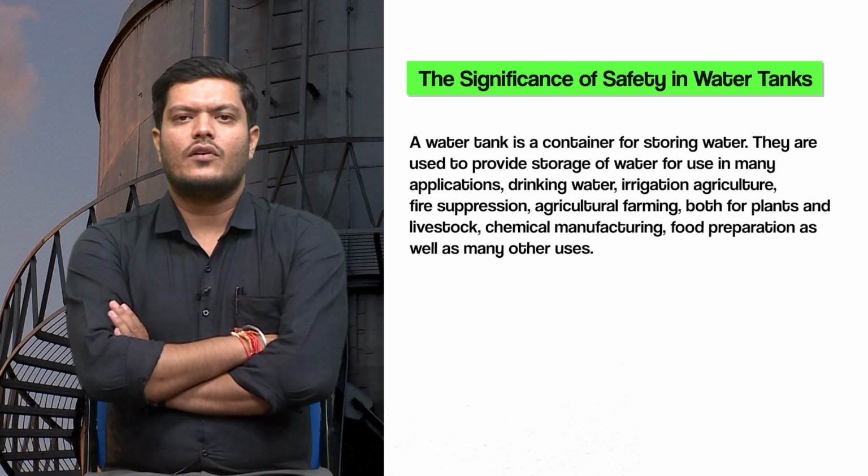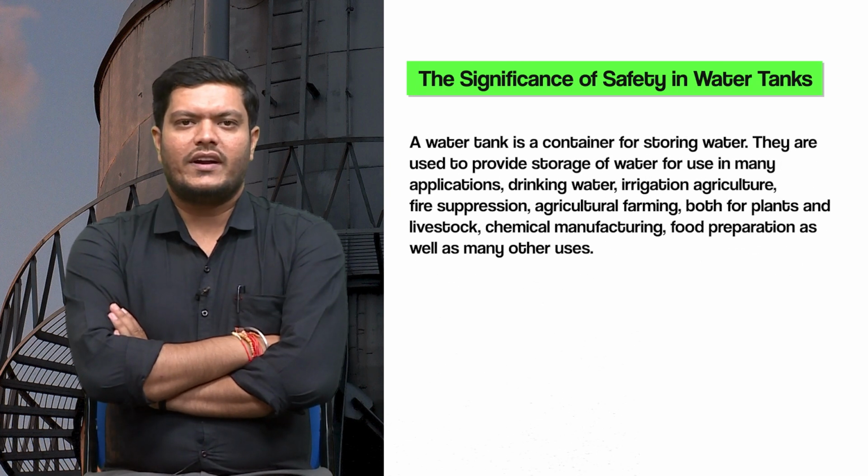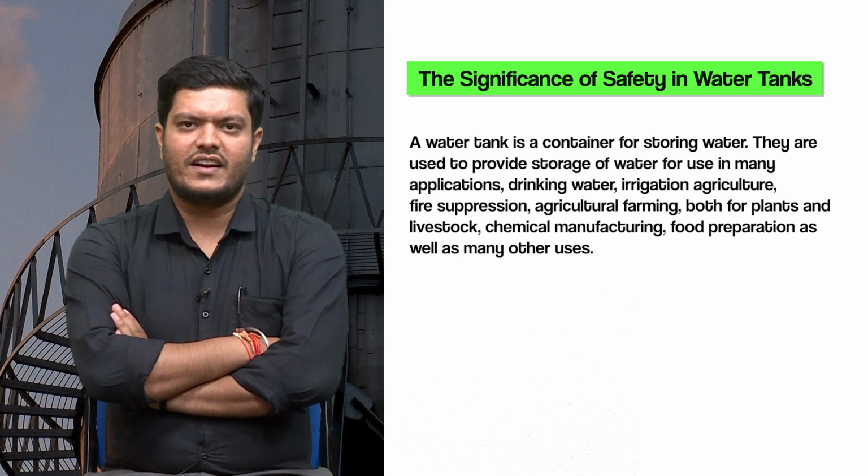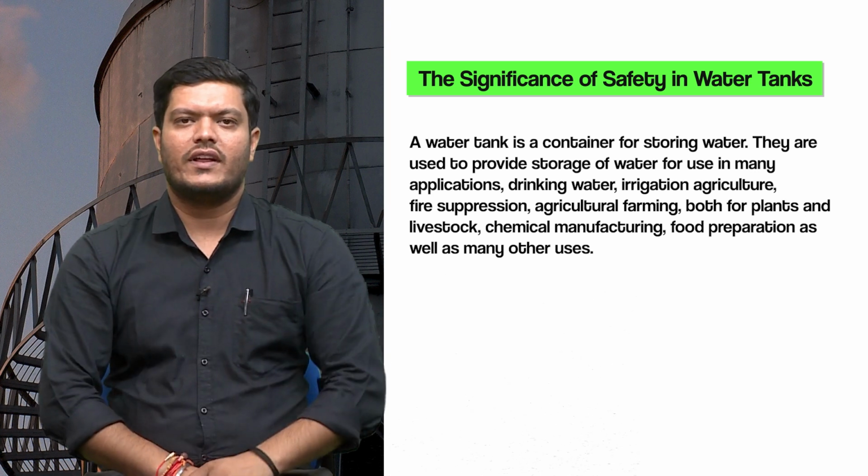Overall, prioritizing safety in water tanks is not only a legal and regulatory requirement but also a fundamental responsibility to protect public health, the environment, and the integrity of the water supply system. The significance of safety in water tanks. A water tank is a container for storing water.